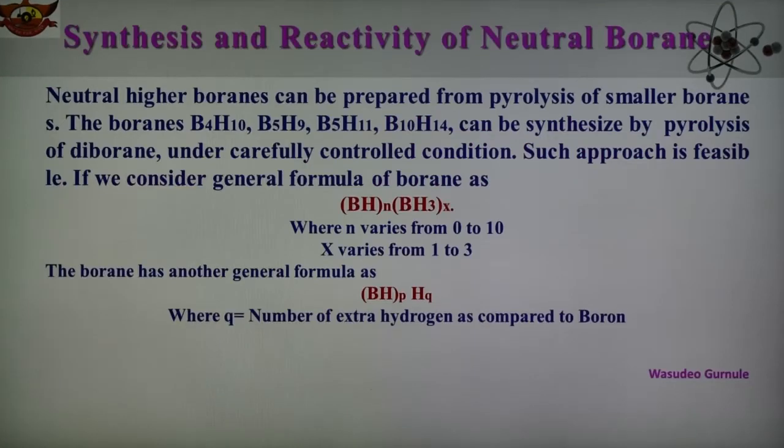In this case, neutral higher boranes like tetraborane, pentaborane, and decaborane can be synthesized by using the pyrolysis method, from the lower boranes like diborane under controlled conditions. This approach is feasible, and there are two types of general formula of the borane.